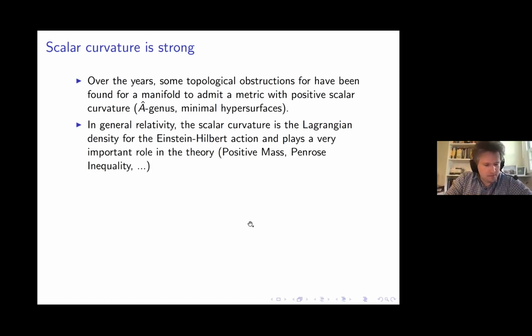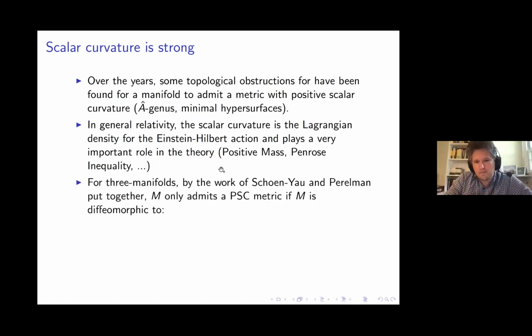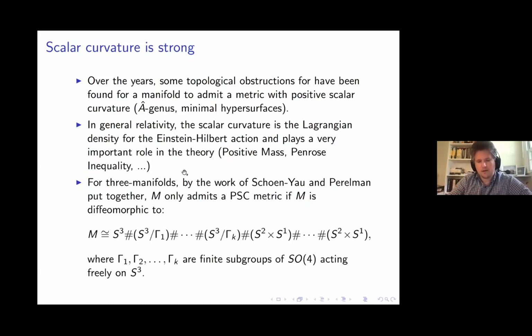In fact, for three-manifolds, if you combine the work of Schoen and Yau and Perelman, you can actually classify closed manifolds that admit metrics of positive scalar curvature. If you have one of those, it has to look like a connected sum of spheres S3, and then maybe some spherical space forms.